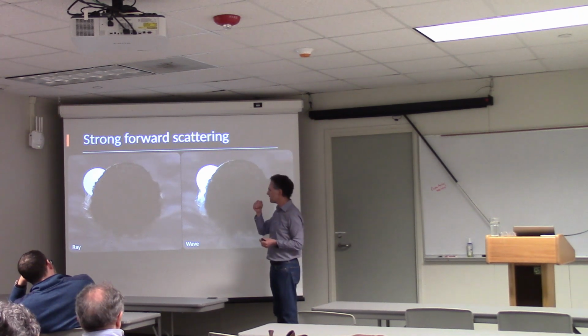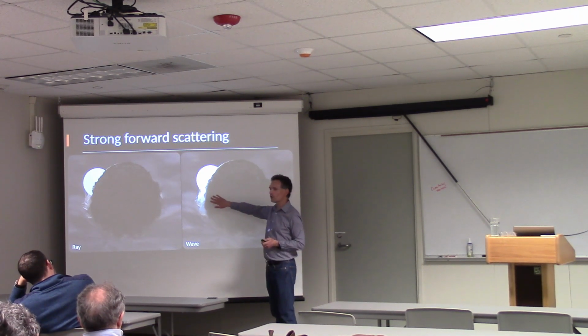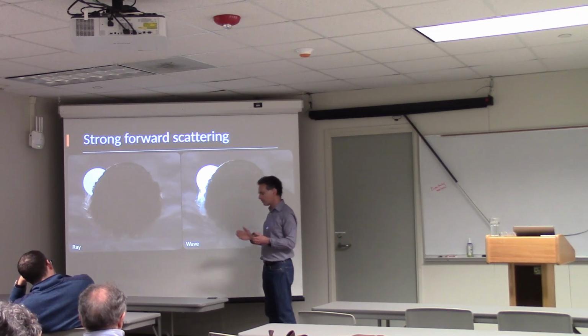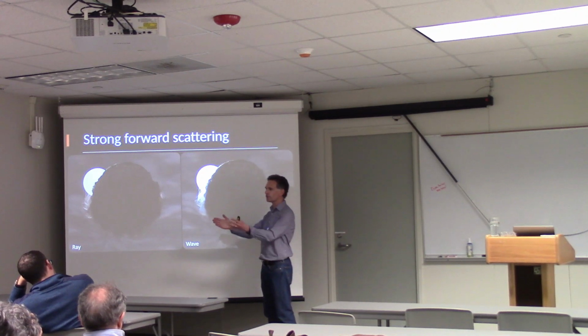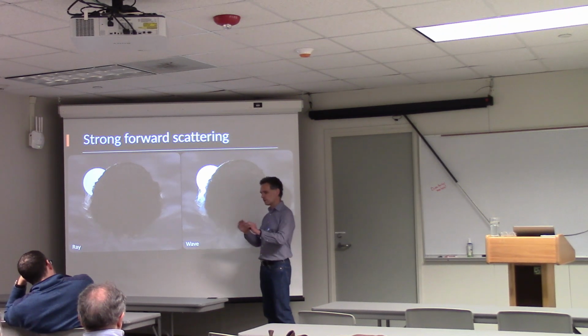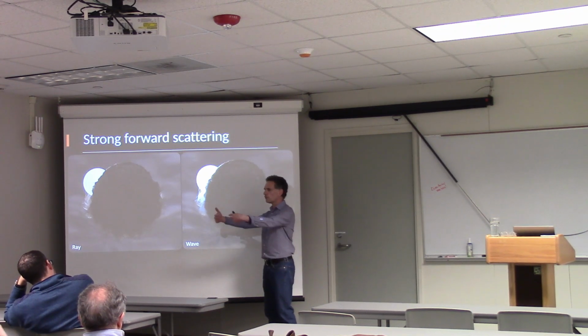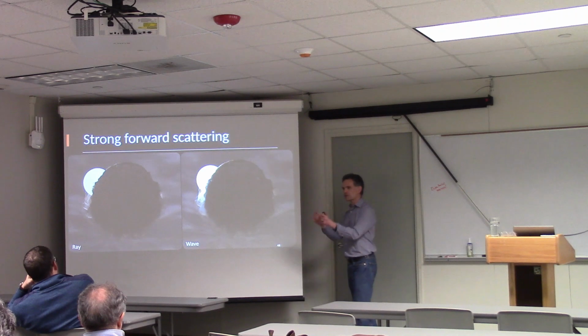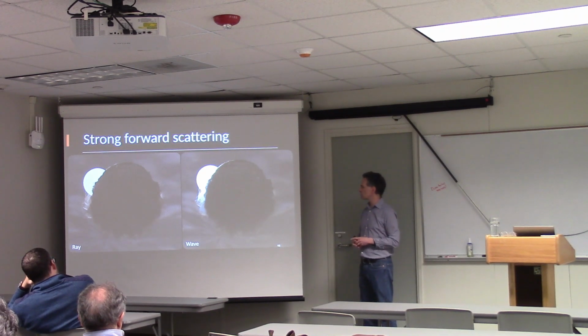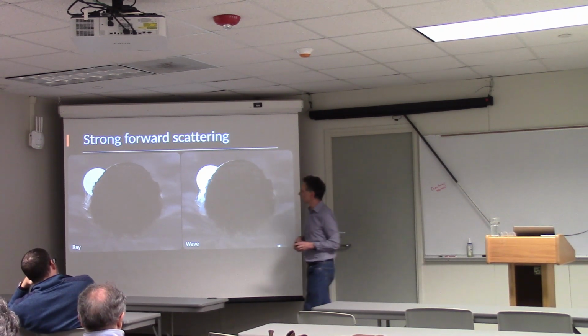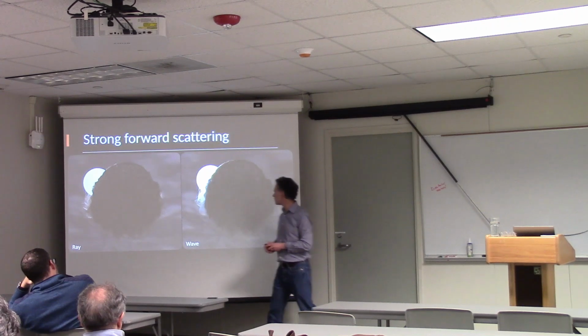It turns out that this model predicts a lot more light going in the forward direction than the ray model, because the ray model assumes that light misses the fiber, where in fact the fiber affects the wave over a region of space that is larger than just the geometric extent. So that's essentially how it's able to scatter more light forward.